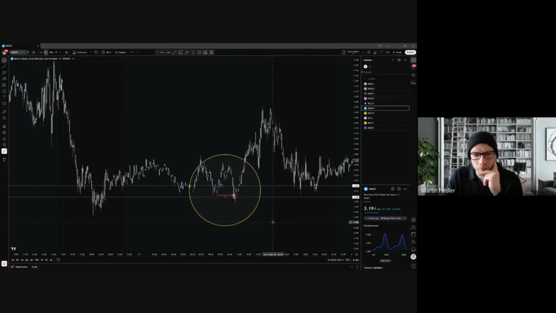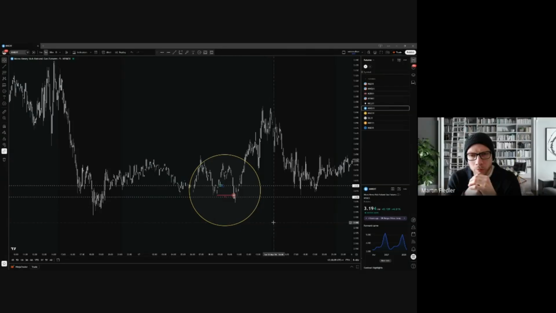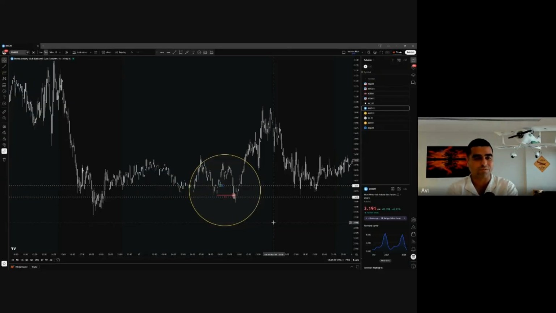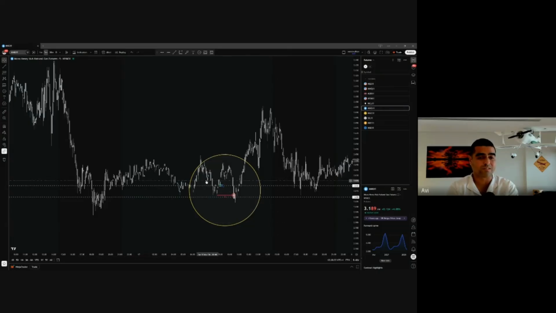For the fractal pattern, you've got to see the setup on both time frames. If you see it on the 30 and you don't see it on the 5 or the 1, don't take it. There's no trade here. This is just a choppy mess. There's nothing here to look at. It's perfectly sideways. It doesn't want to go anywhere, and it's telling you that. So you need confirmation again on both time frames.